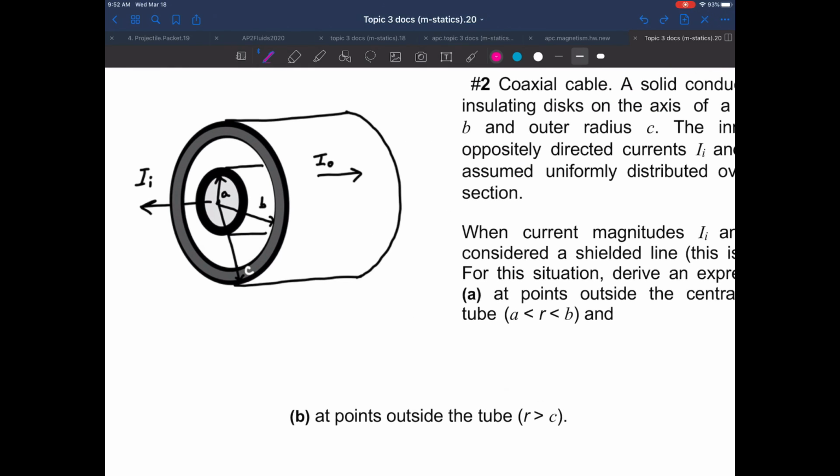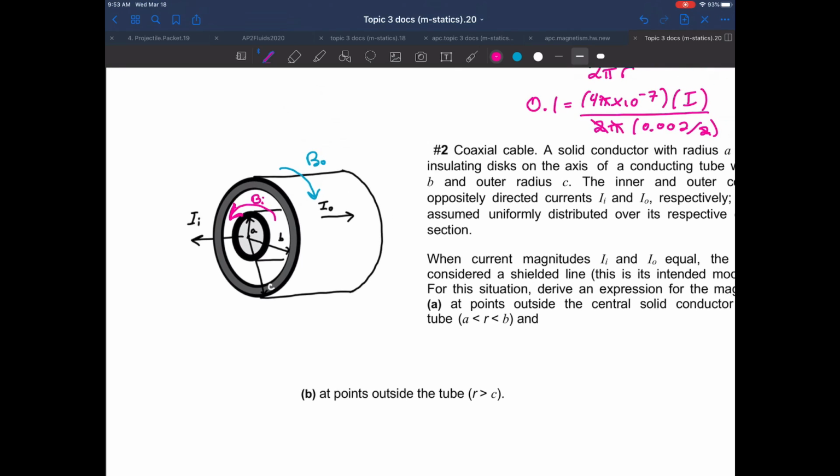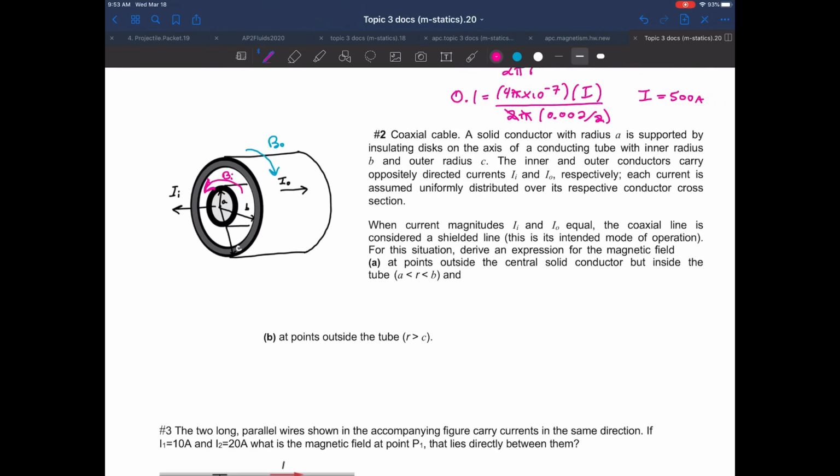So if we look at the inside, take your thumb and point it to the left, and our current is going to wrap around like this. Our magnetic field is going to wrap around like this. And then if we take our thumb and point it to the right to express the outside magnetic field, it's going to wrap around like this. B out, B in. So you can tell those magnetic fields are in the opposite direction.